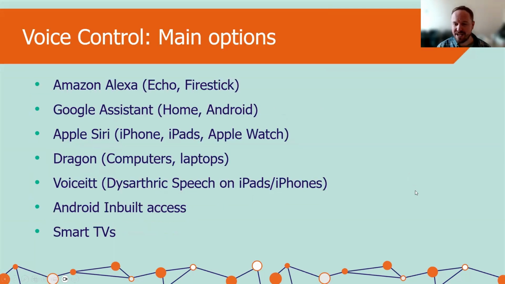Okay, so that was dictation, a whistle-stop tour. We're now moving on to voice control, even though Dragon is within that a little bit. So our main options are Amazon Alexa, which is built into Echo and Fire Sticks; Google Assistant, which is in Google Home and Android; Apple Siri, which is on iPhone, iPads, and Apple Watch; Dragon, which we've mentioned, on computers and laptops; and VoiceIt for dysarthric speech on iPads and iPhones.